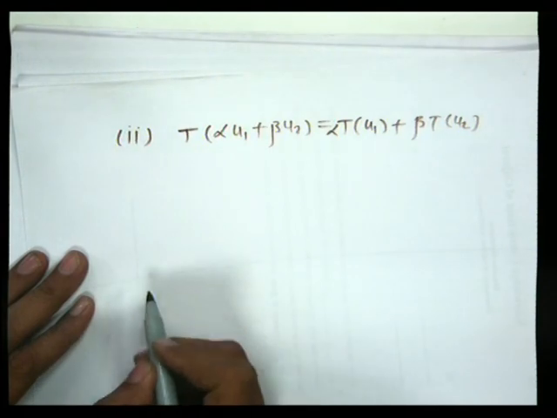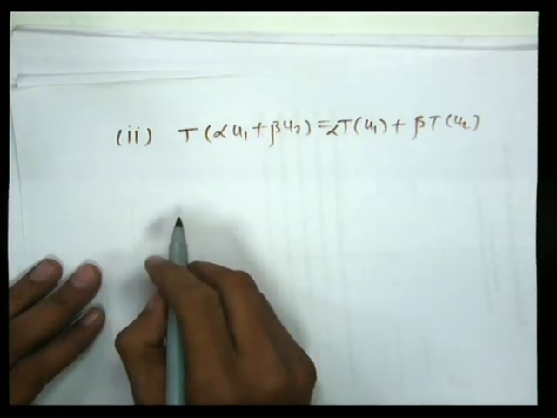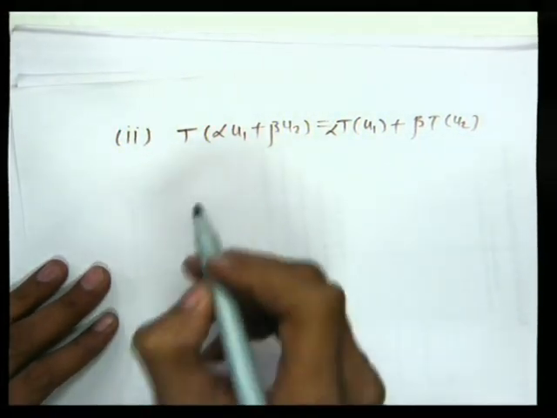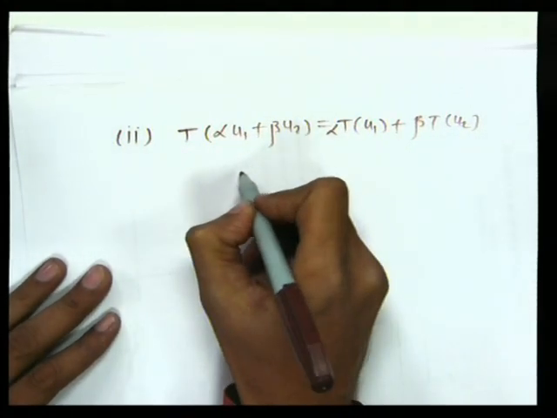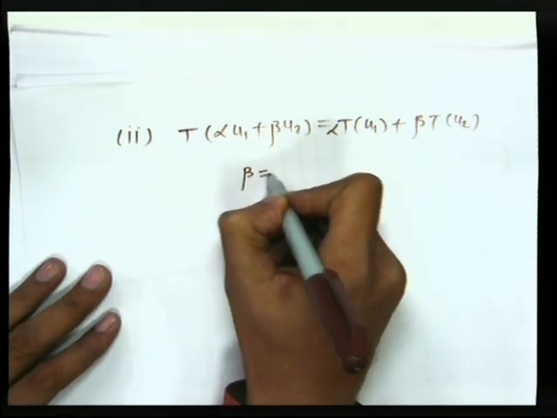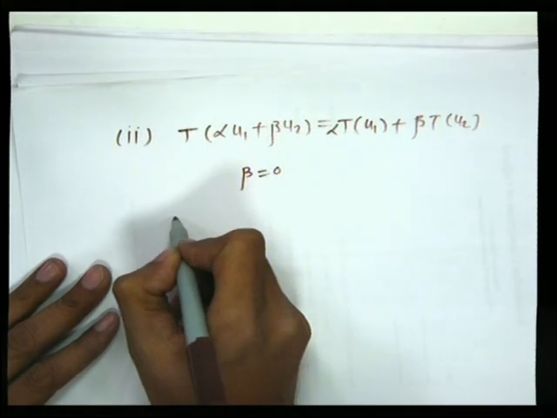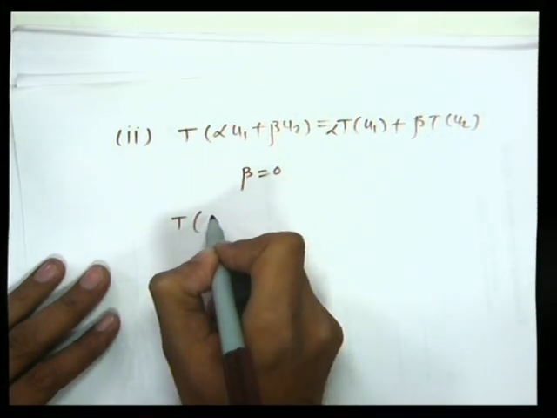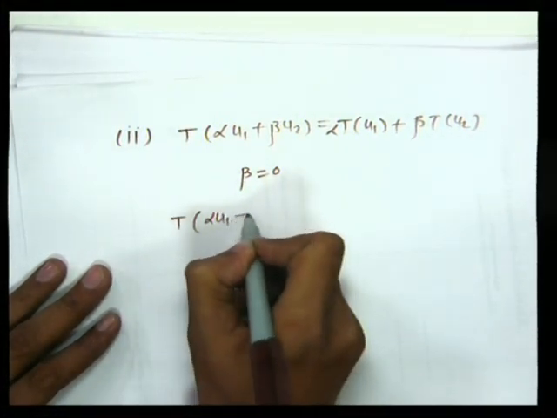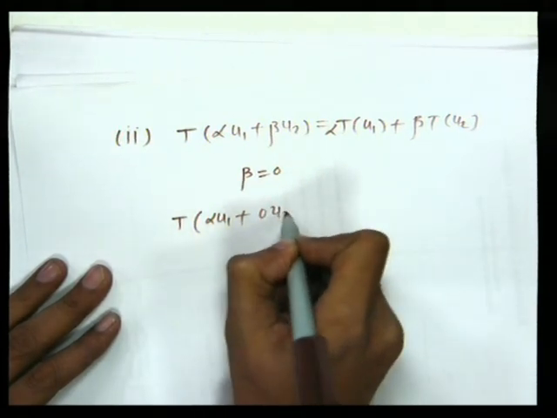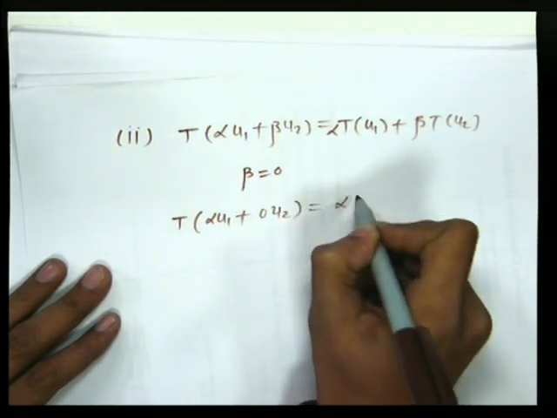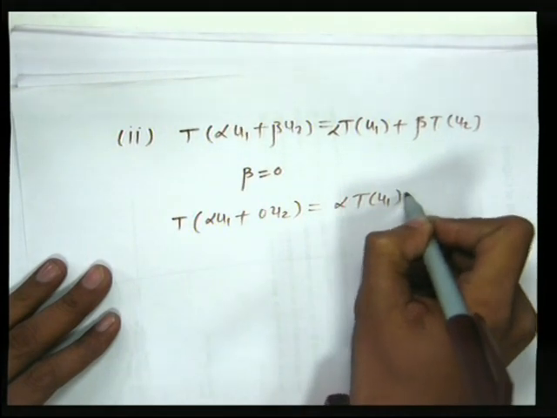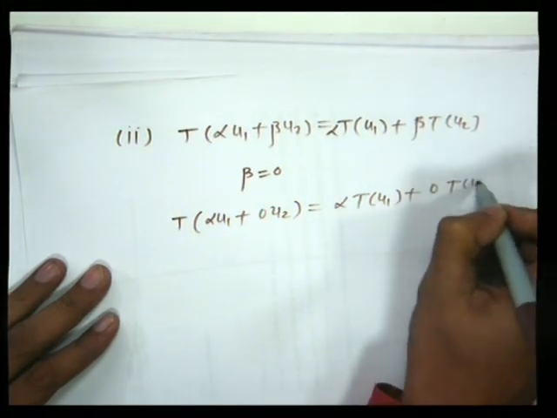The function T is satisfying this condition. Now if I take beta equal to 0, this condition reduces to T of alpha u1 plus 0 into u2 equals alpha times T of u1 plus 0 into T of u2.